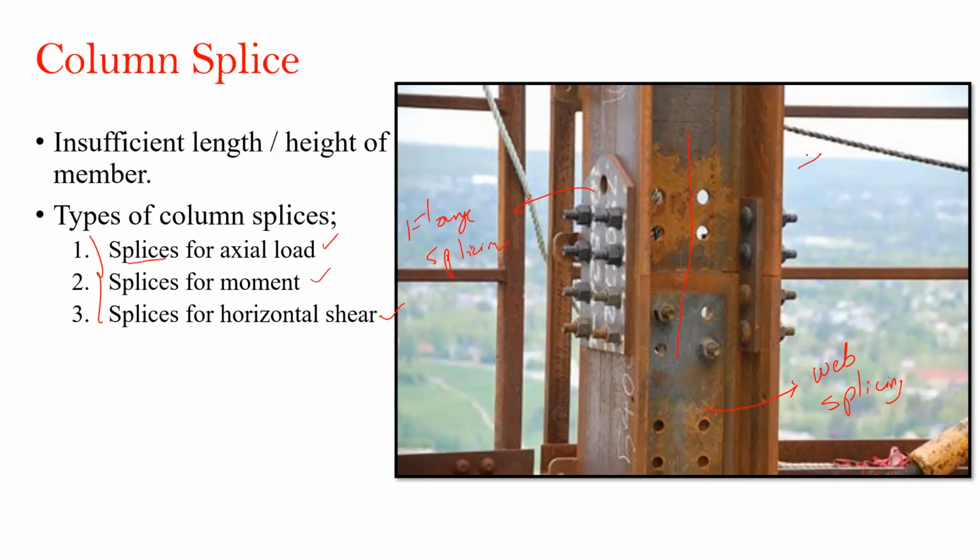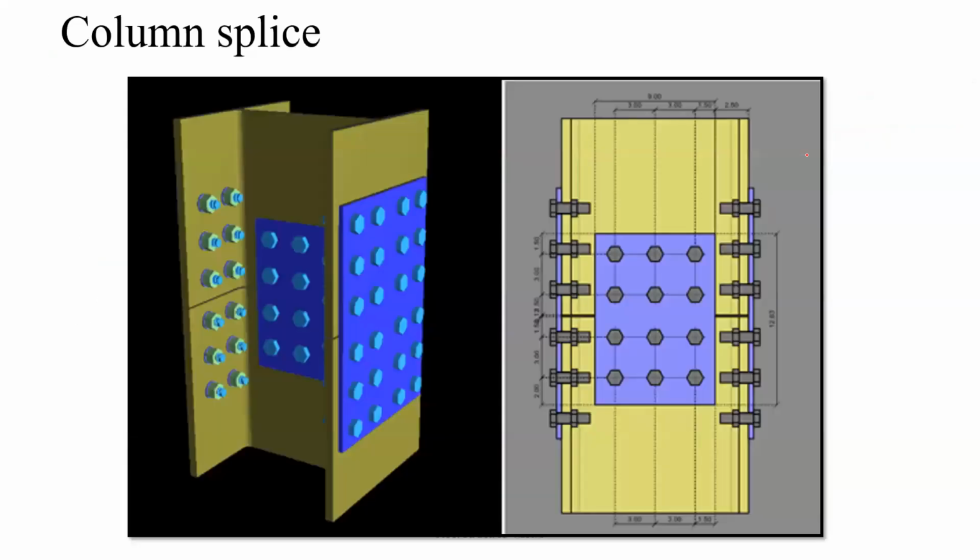Let's look into this diagram in a very detailed way. So this diagram talks very clearly about the flange splicing and the web splicing. The plate which is there is called a flange splice. See, you have an I section, and along the flange of both I sections, here you have the first I section and this is the second I section.